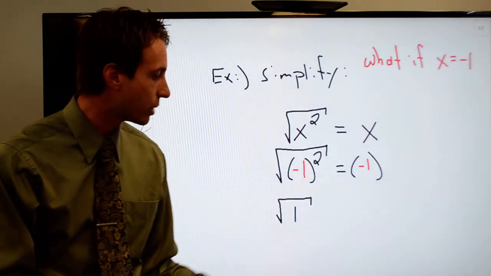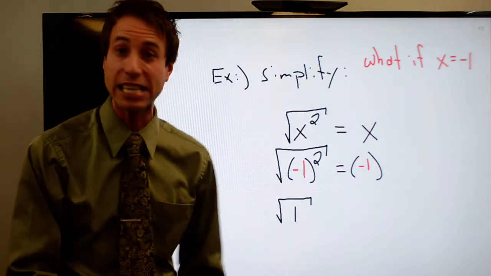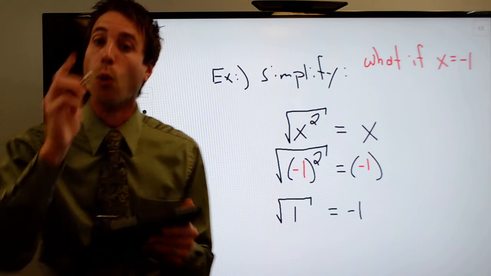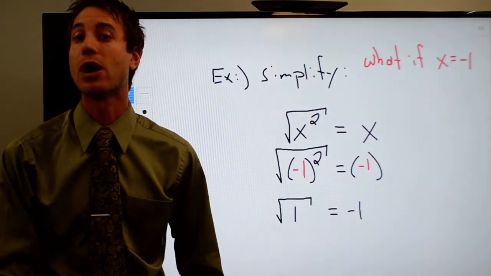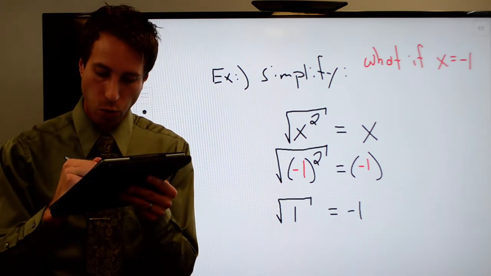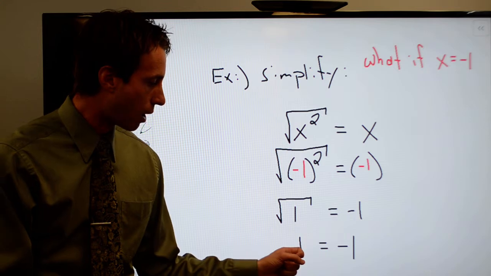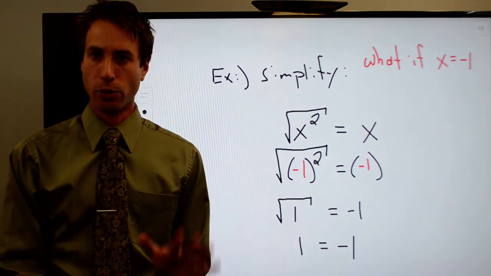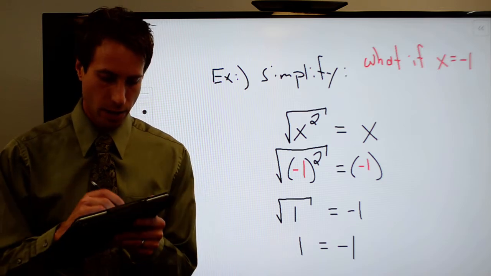Which is equal to, well, it's just a -1. What is the square root of 1? Well, the square root of 1 is 1. And what we wind up with here is 1 is equal to a -1. Hold up. Is 1 equal to a -1?